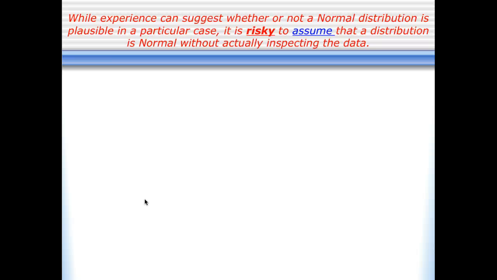Now, while experience can suggest whether or not a normal distribution is plausible in a particular case, it's extremely risky to assume that a distribution is normal without actually inspecting the data. So that's why I've identified 3 different ways to say that data is normal. Some are easy and some require a little bit more work on your part.